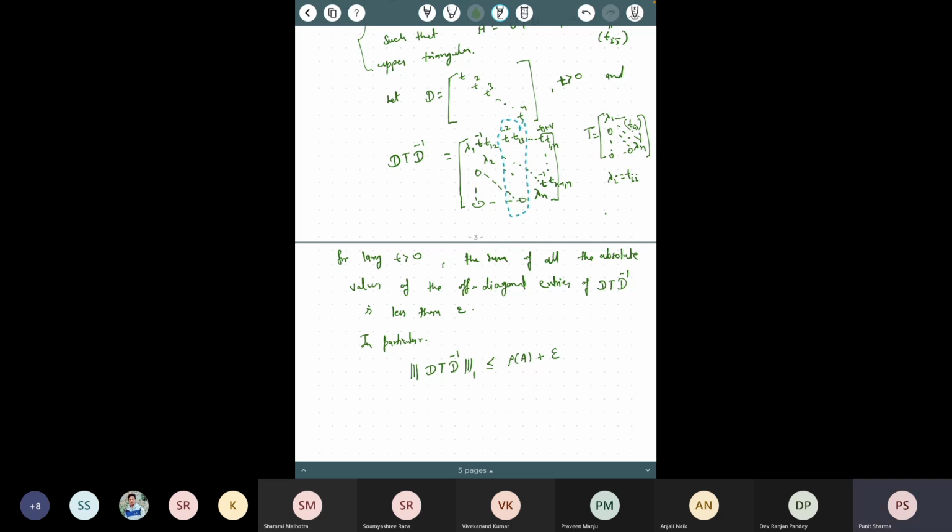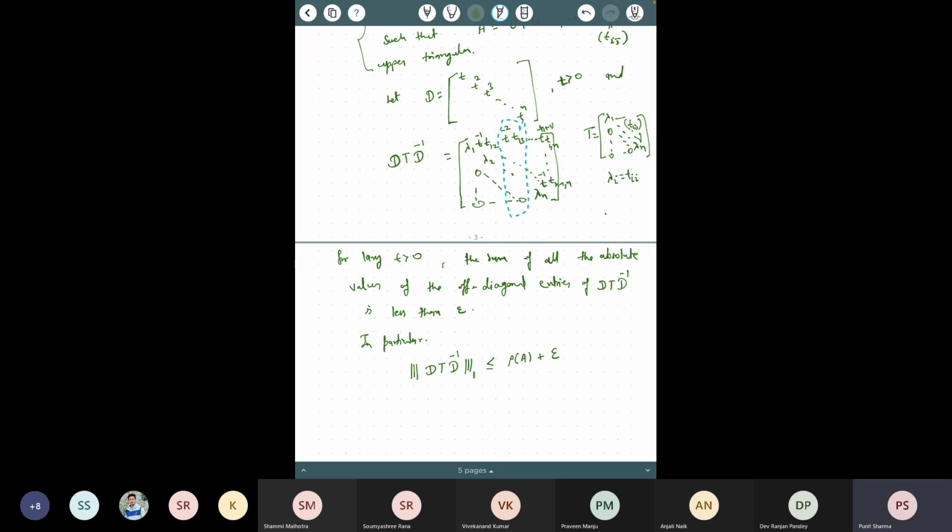The entries below the diagonal in that column are all 0, and the sum would be mod lambda j plus the sum of the entries above this entry in this column.